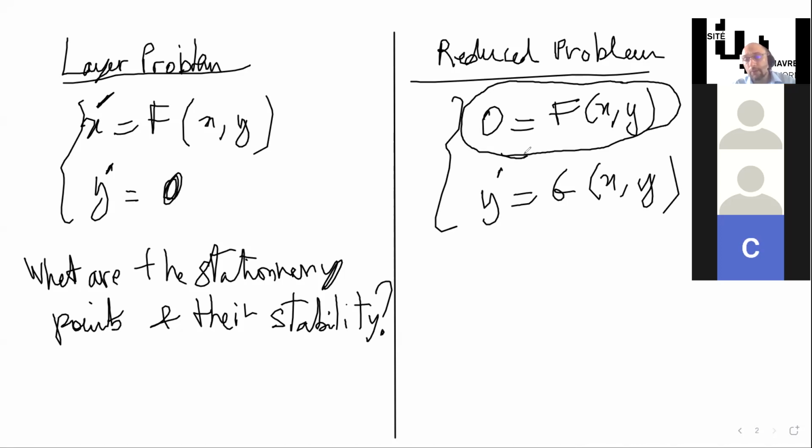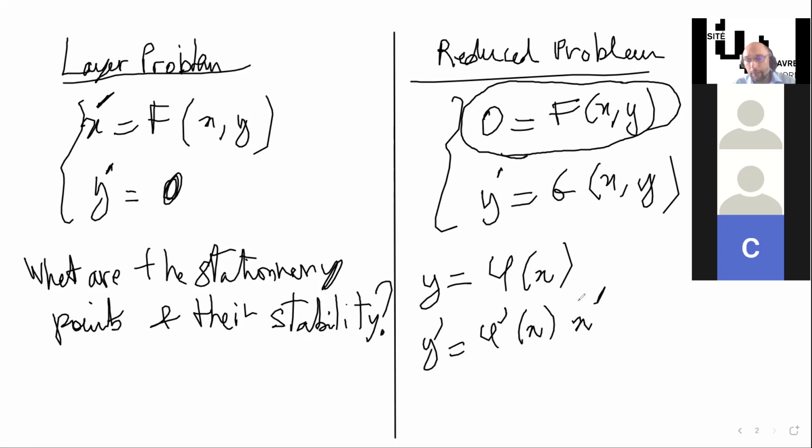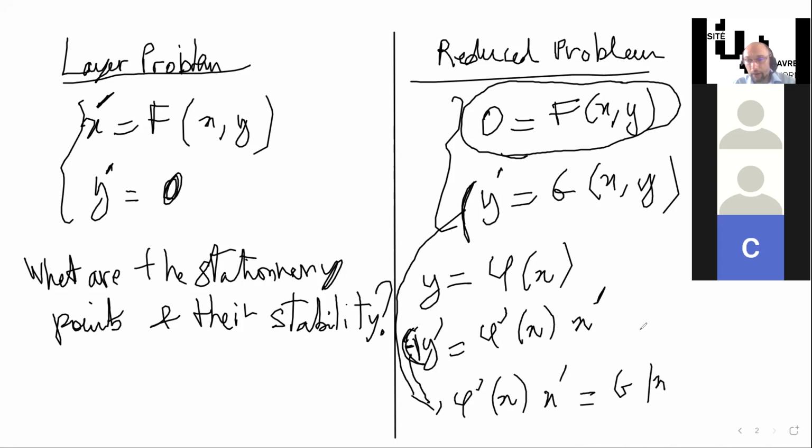And let us assume that you can write, for example, y equals phi of x. If you can do that, then you take the derivative, you get y prime equals phi prime of x prime, and then you can just take the equality between these two, and you get phi prime x prime equals g of x, phi of x.